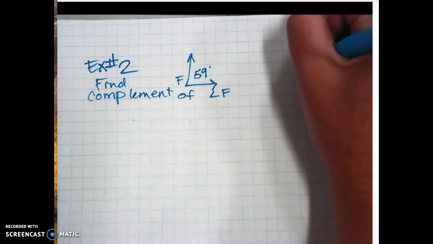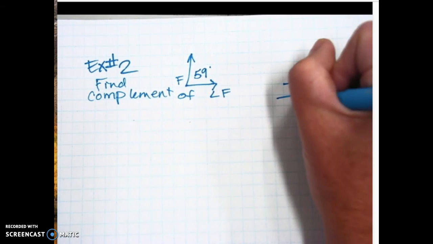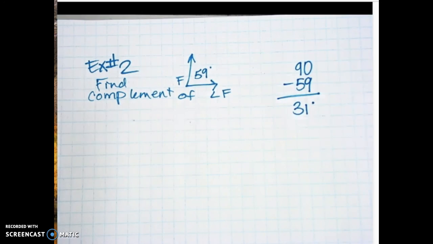So you start with 90, subtract the 59, and you should get 31 degrees, okay?